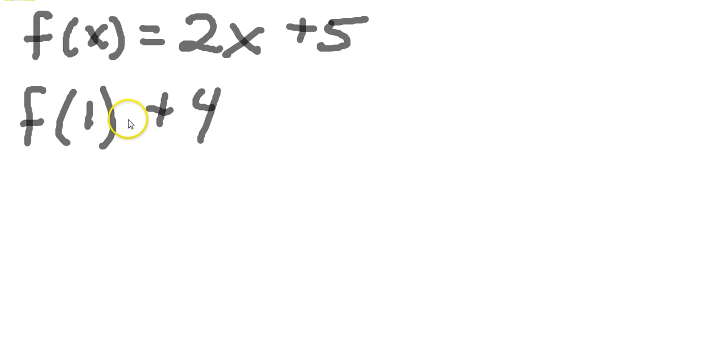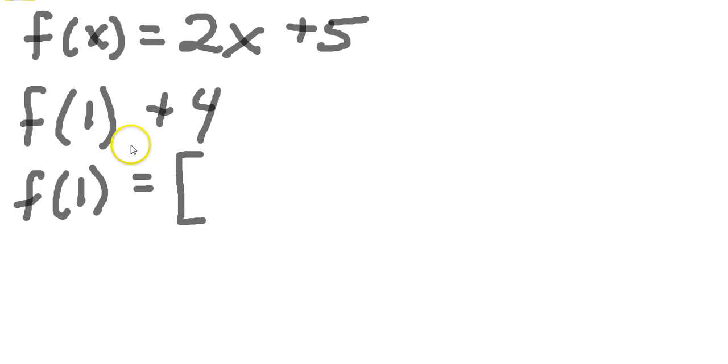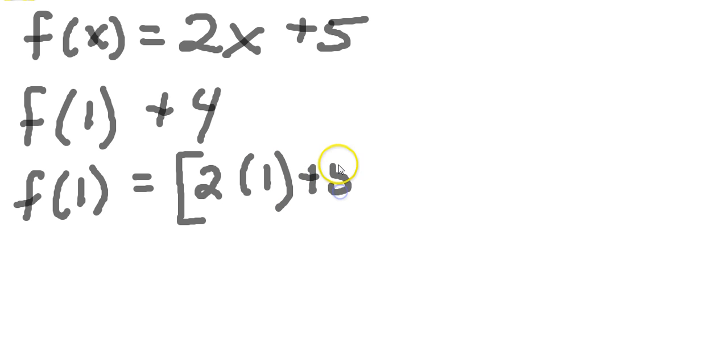So what we do, again, is wherever we see an x, we put this 1 in. So we get f of 1 equals, and we write this as open bracket, because we're solving for the f of 1 first, 2, open parentheses 1, plus 5, because our original function was f of x equals 2x plus 5.